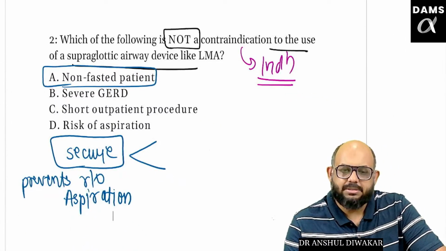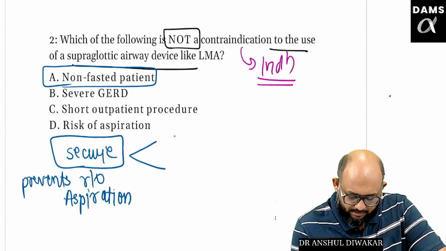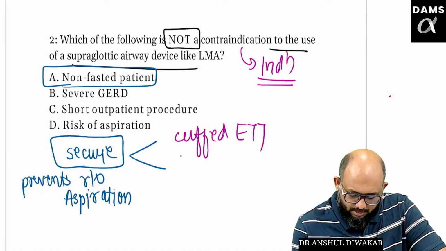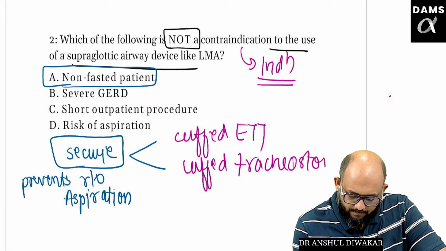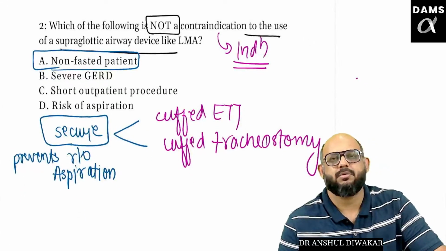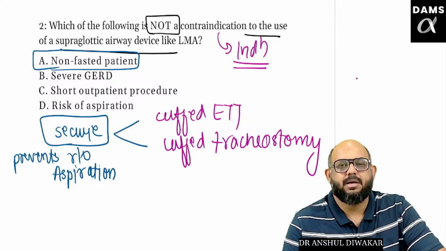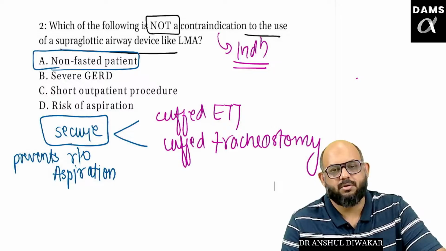So one that prevents the risk of aspiration is a cuffed, don't forget the word, cuffed endotracheal tube and cuffed tracheostomy tube. Apart from that, every other airway device, that is your face mask, your supraglottic airway devices, are all unsecure. That means they do not prevent the risk of aspiration.